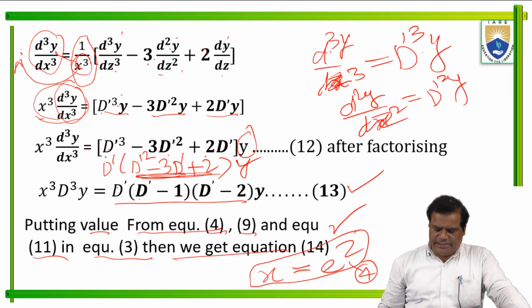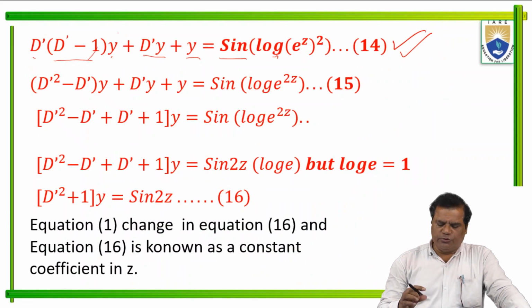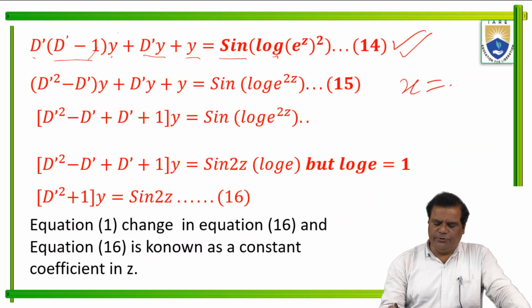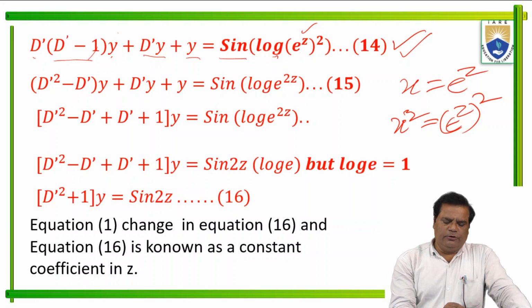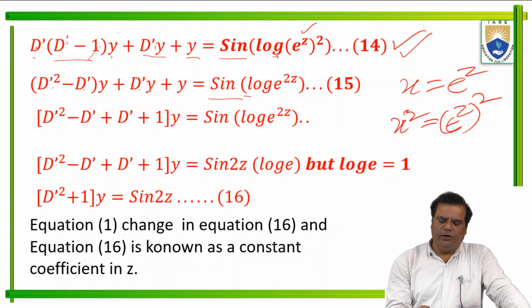In our question it is x square, and x equal to e to the power z, so x square equals e to the power z whole square. So now, multiplying out, D dash square minus D dash y plus D dash y plus y equals sine log of this, 2z.